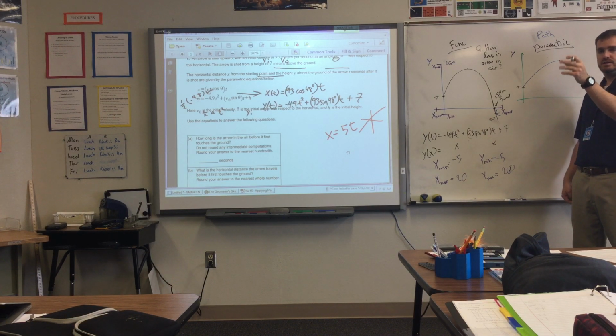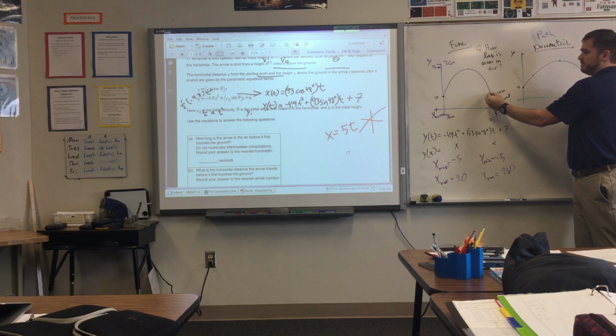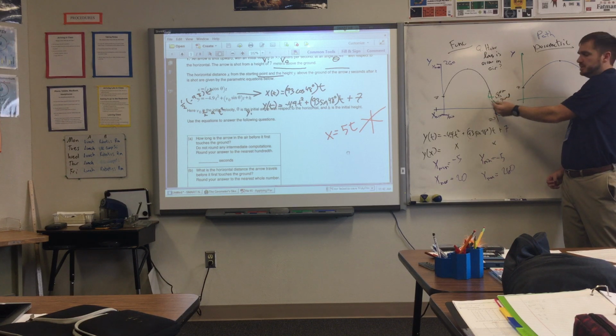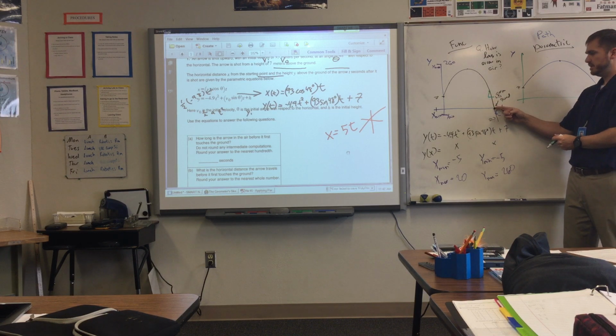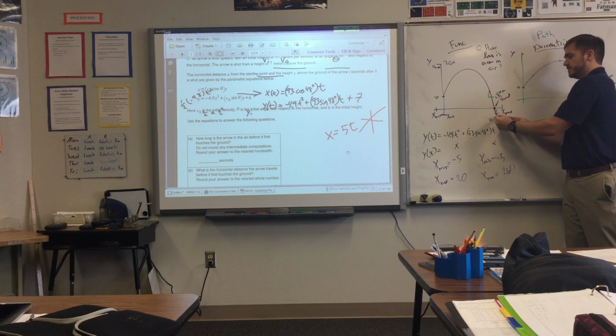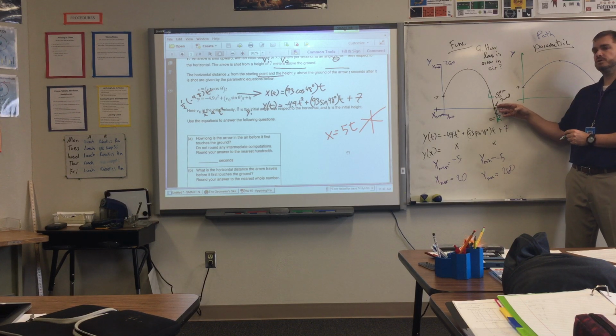It'll ask for a left bound and a right bound. You want to move the cursor so that the left bound is somewhere to the left of the 0, and hit enter. Then move the cursor a little bit to the right, so your right bound is somewhere to the right of the 0.